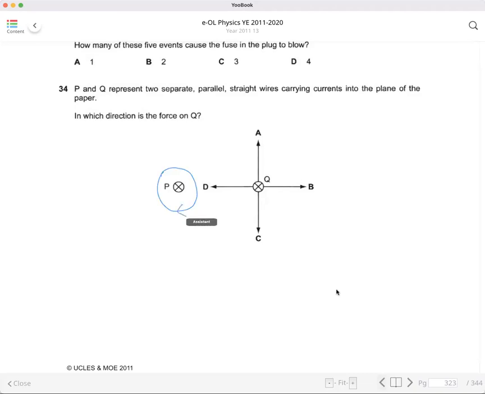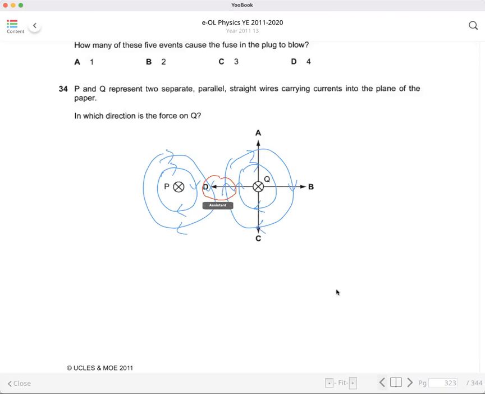Okay, you use the right thumb rule. You know that the magnetic field is like this. Can you see in the middle? It will cancel out.